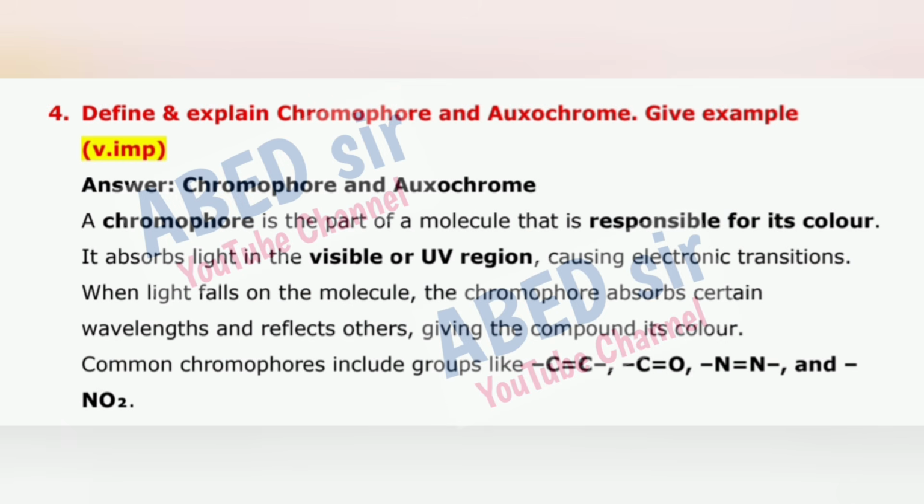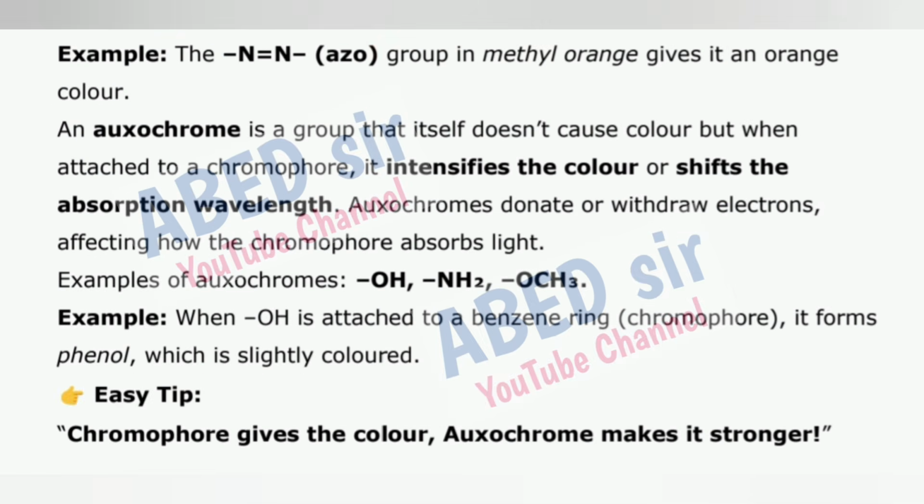When light falls on the molecule, the chromophore absorbs certain wavelengths and reflects others, giving the compound its color. Common chromophores include groups like C=C, C=O, N=N, and NO2. Example, the N=N azo group in methyl orange gives it an orange color.